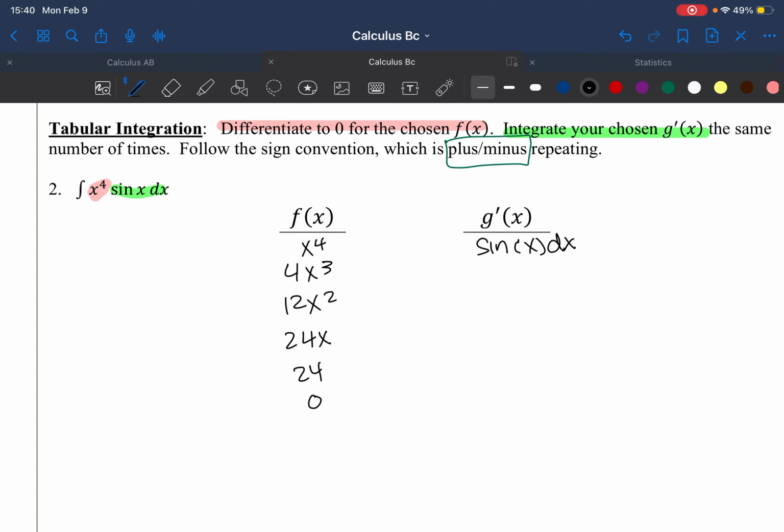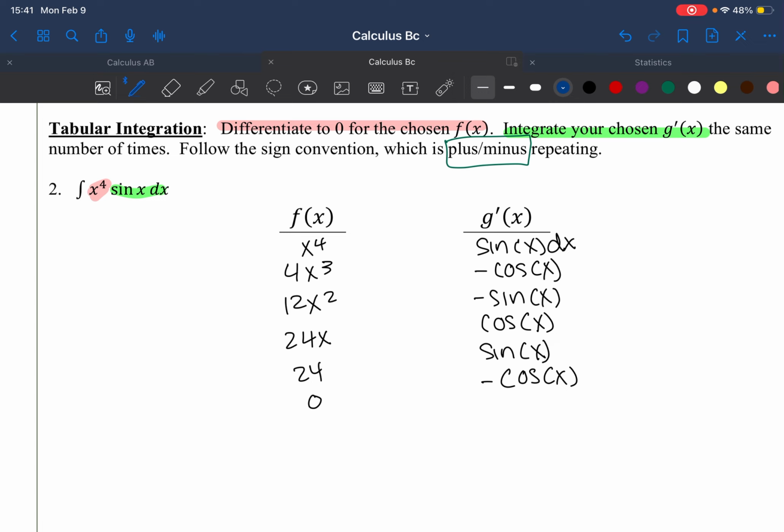So I integrate one time and I get negative cosine of x. Integrate again, I get negative sine of x. Keep integrating. And then eventually I'm going to end on negative cosine of x. And I should have the same number of derivatives as I do integrations.